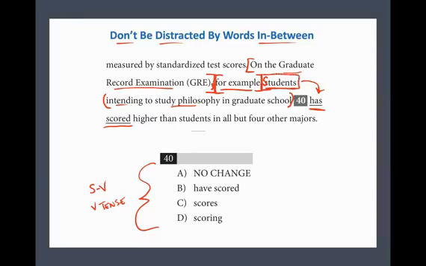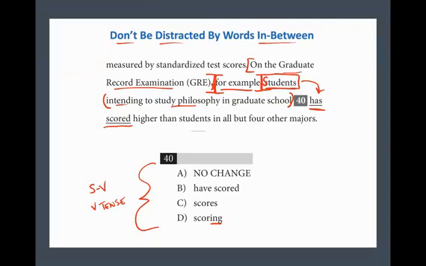Okay, so now let's state it with the answer. Students have scored, students scores, students scoring. Now you may think that D sounds okay, students scoring higher than students in all but 4 majors. But this is called the present progressive tense with an ing.